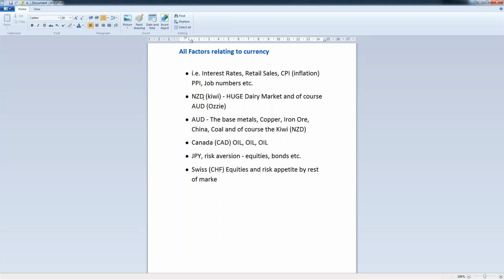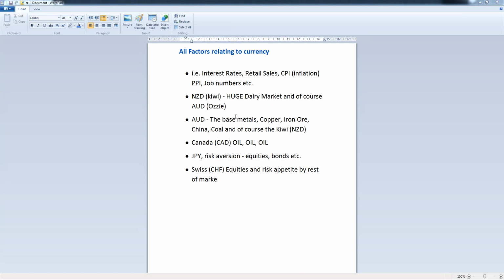Now, NZD, you've got Kiwi, the New Zealand dollar. If you're trading this market, I want you to look at other sets of data. For this, it's the dairy market. Don't forget, they're a huge dairy market in New Zealand, and a lot of their GDP is with dairy, as with other countries, but very big for New Zealand.